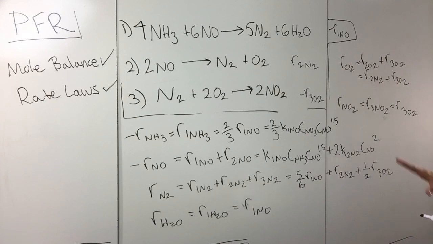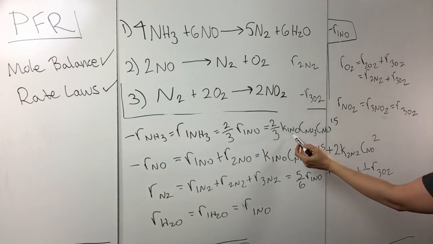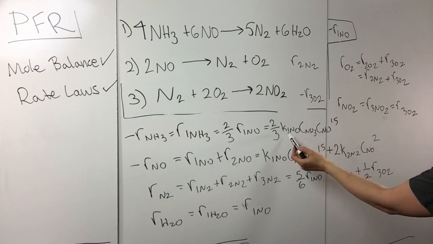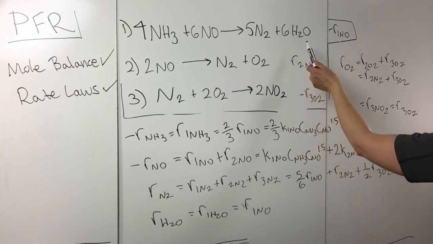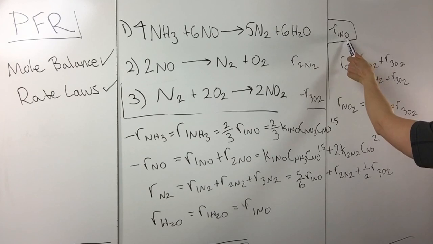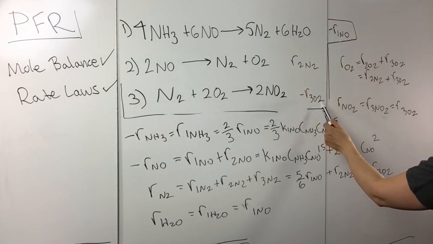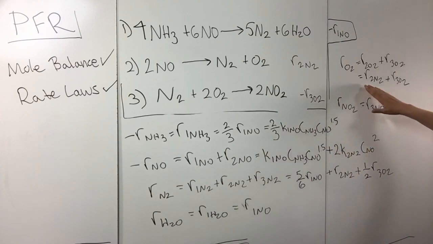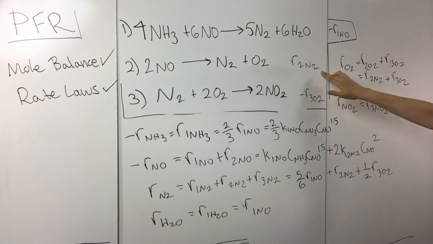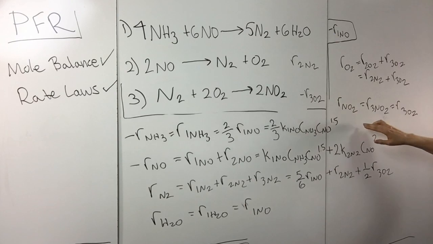And you'll see when I get to the programming part that I'm not going to retype all of this each time. I'll write these as variables, so R1_NO is equal to this, R2_N2 is equal to this, R3_O2 is equal to this. And then when I type these equations, I'll put them in terms of these. So R_O2 is equal to R2_N2 plus R3_O2.